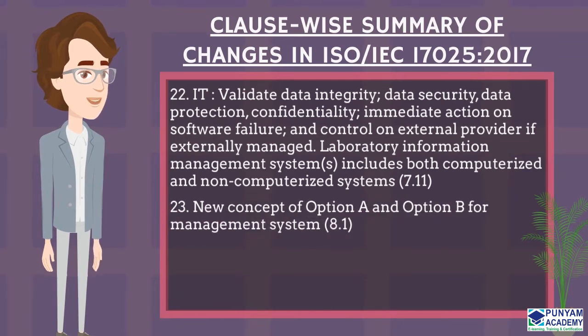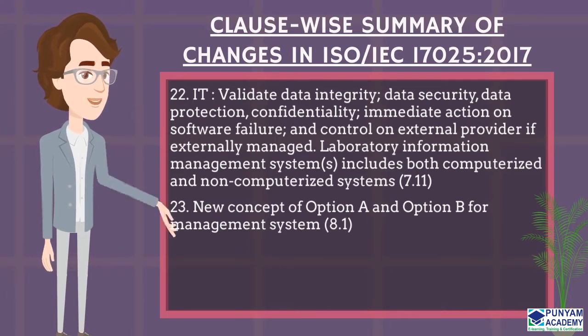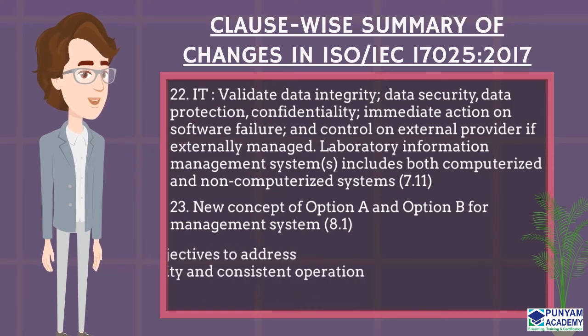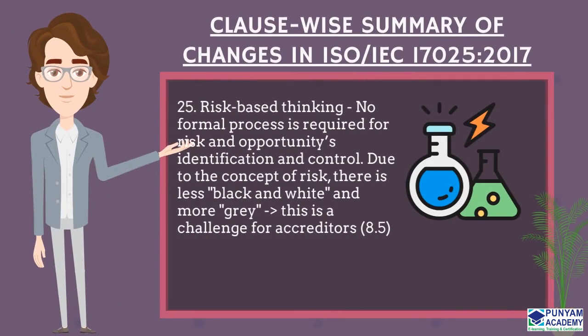23. New concept of Option A and Option B for management system requirements. Option A is for non-ISO 9001 certified laboratories in Clause 8.1. 24. The policies and objectives to address competence, impartiality and consistent operation of the laboratory in Clause 8.2.2. 25.